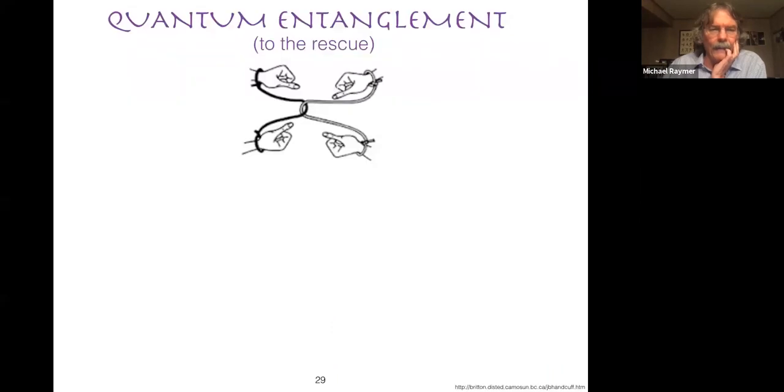So the mathematics of quantum theory that we'll discuss on Monday is called quantum entanglement. And I say it's to the rescue because it's a beautiful mathematical structure. It perfectly describes all the Bell inequality and all the correlations that you observe in the experiments. And it allows quantum computers to operate.